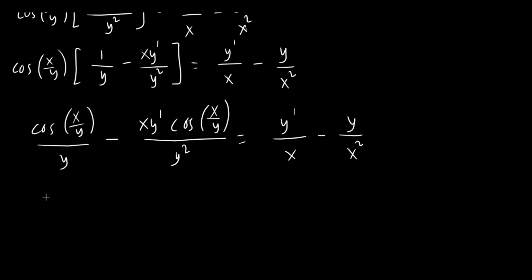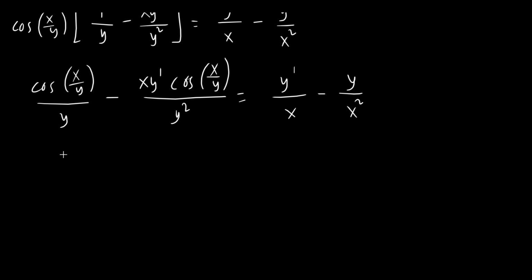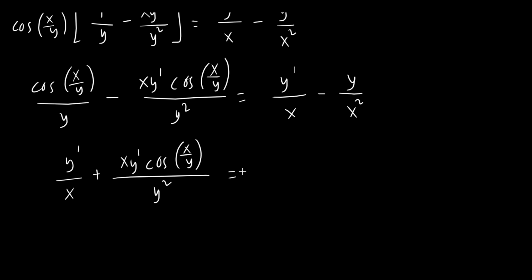So to simplify this one, we have y prime all over x, plus xy prime cosine x over y all over y squared just equals to cosine x over y all over y plus y all over x squared.